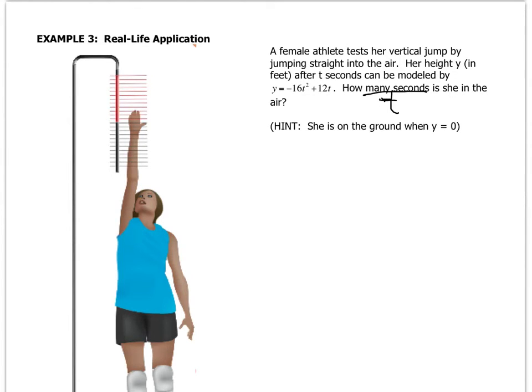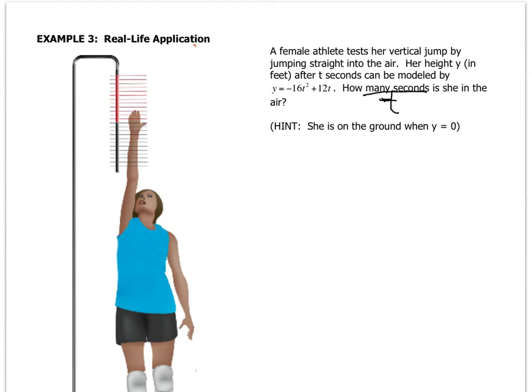So think about it logically. If y stands for the number of feet, how many feet is she at the beginning? 0. She hasn't gone any feet into the air. When she's done jumping, her feet is also 0. Her value for y is also 0 because she is now back on the ground.